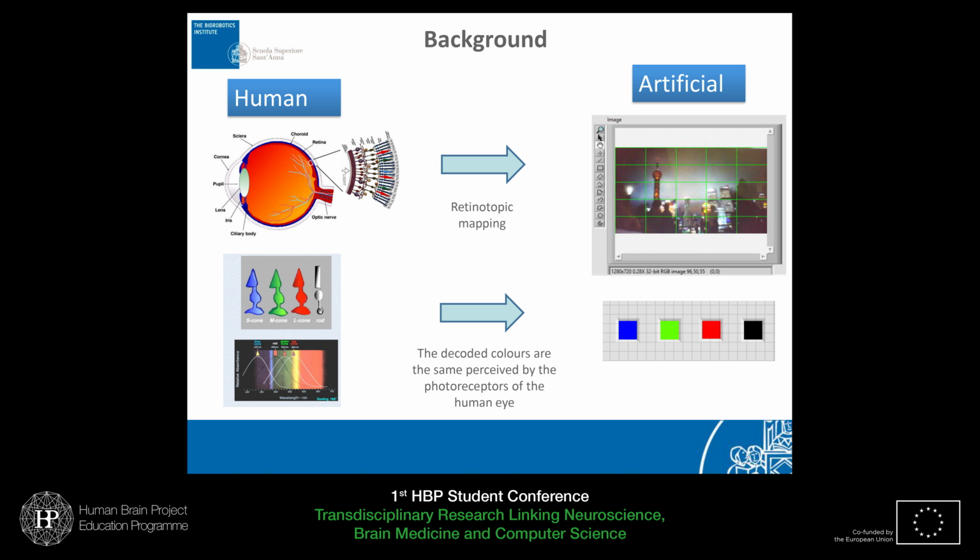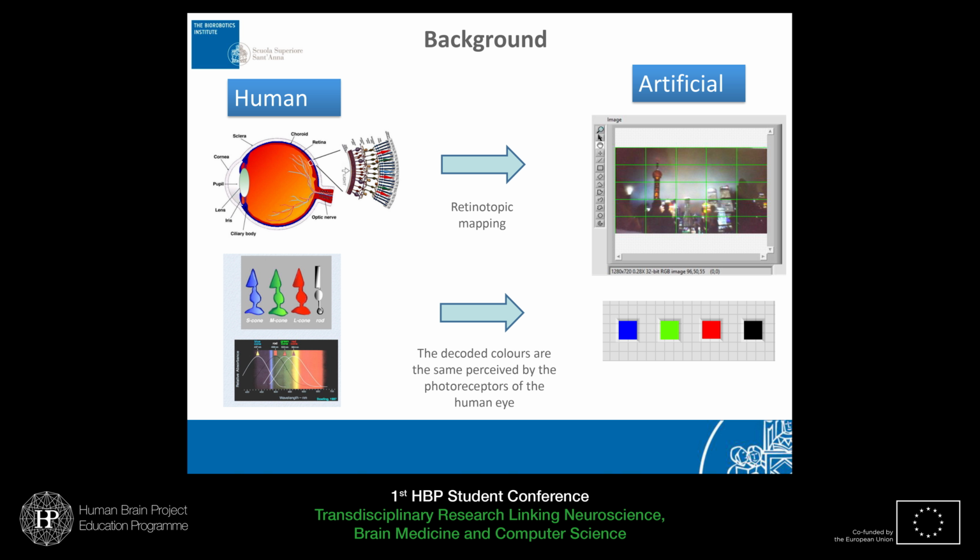In our case, the algorithm recognizes color features. For starting, we decided to decode the main colors, so the three wavelengths that the photoreceptors in the human eye can recognize in the cones, and the black color representing the role of the rods in our retina.